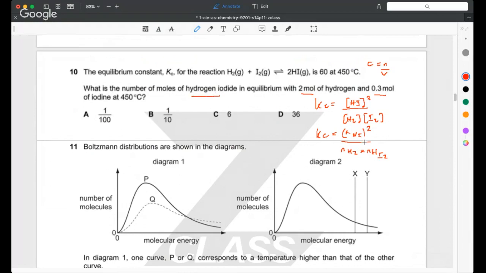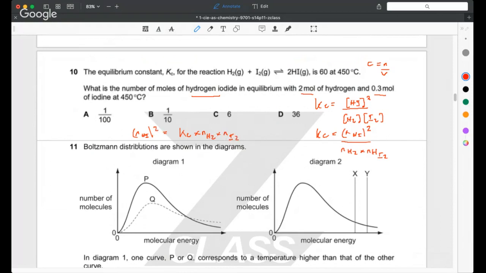So we've got to rearrange this equation to make the number of moles of hydrogen iodide the subject of the equation. And if you do that, you end up with the number of moles of hydrogen iodide squared is equal to the equilibrium constant times the number of moles of hydrogen times the number of moles of iodine.